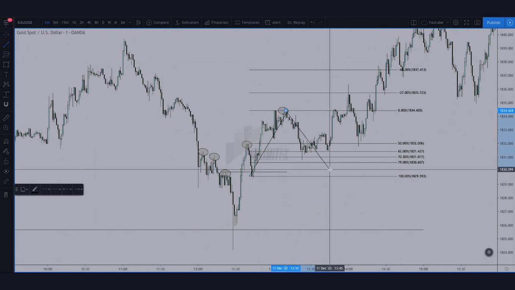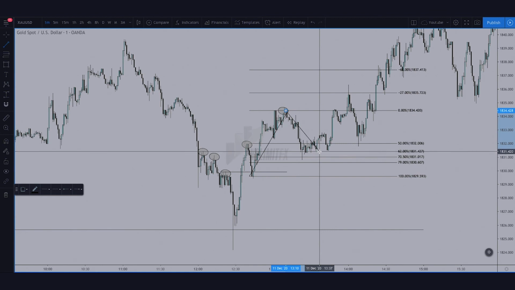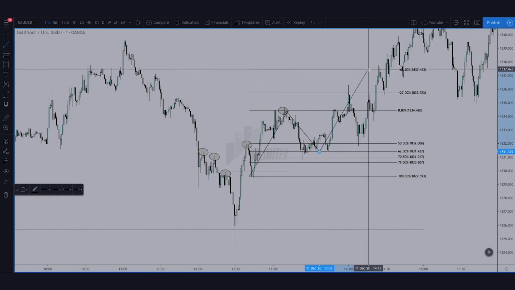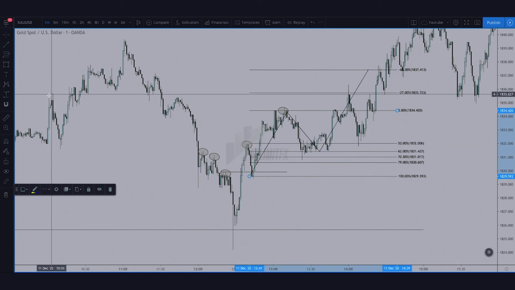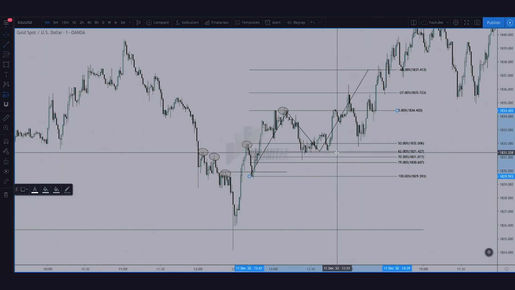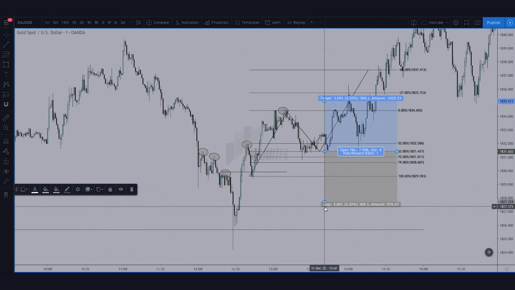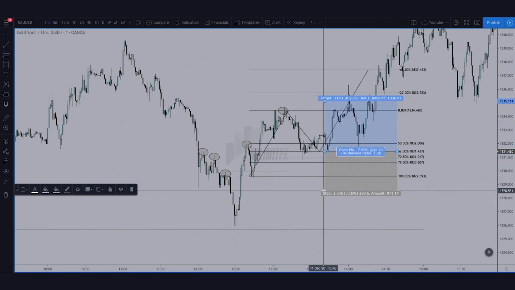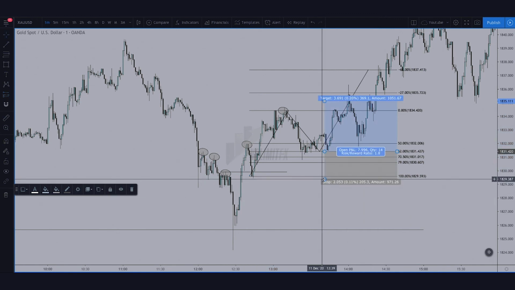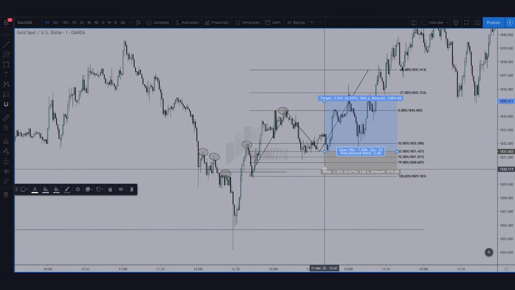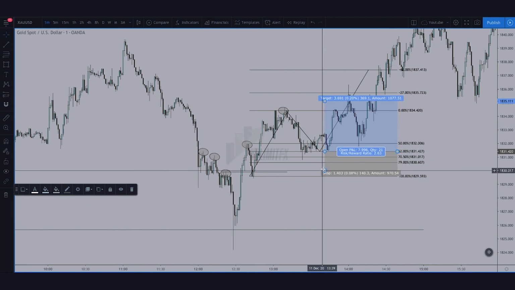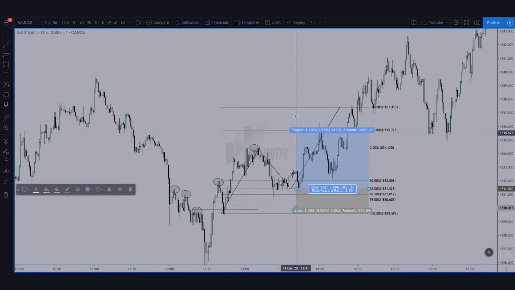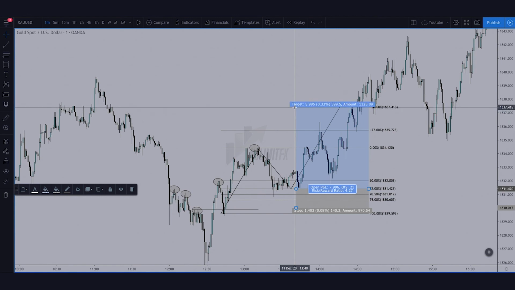As you can see, we got a nice rejection, and boom, to the upside. And if you go from there, it's not necessary to put your stop loss below this low. What you can do, if you find something here, you can drag it from here, right?